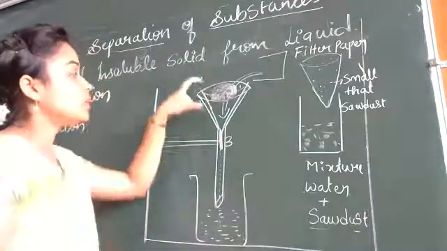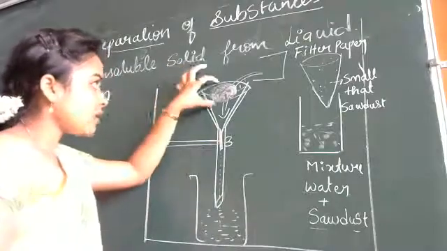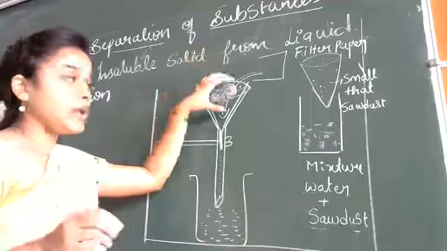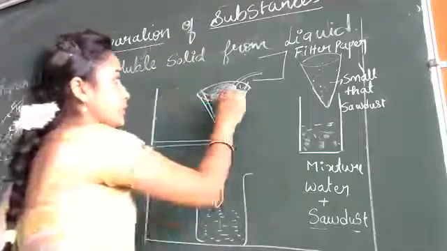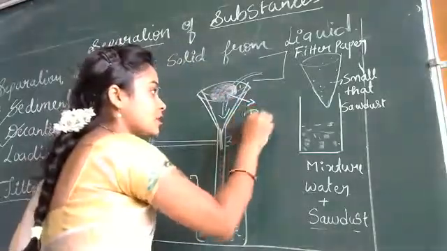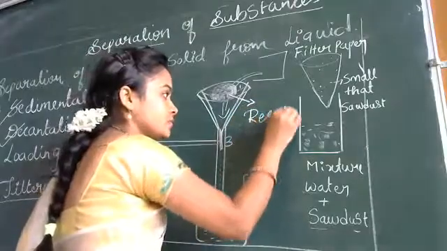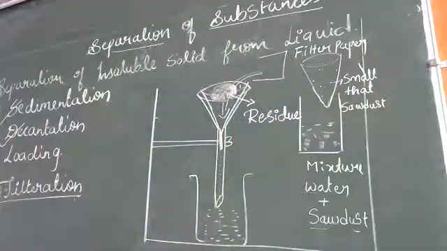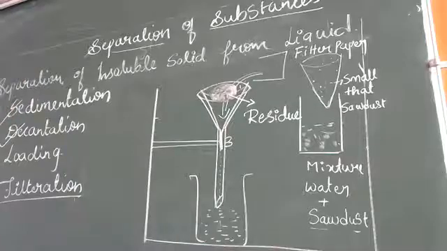The sawdust, or whatever solid particles remain behind on the filter paper, is called residue. What is it called? Residue.